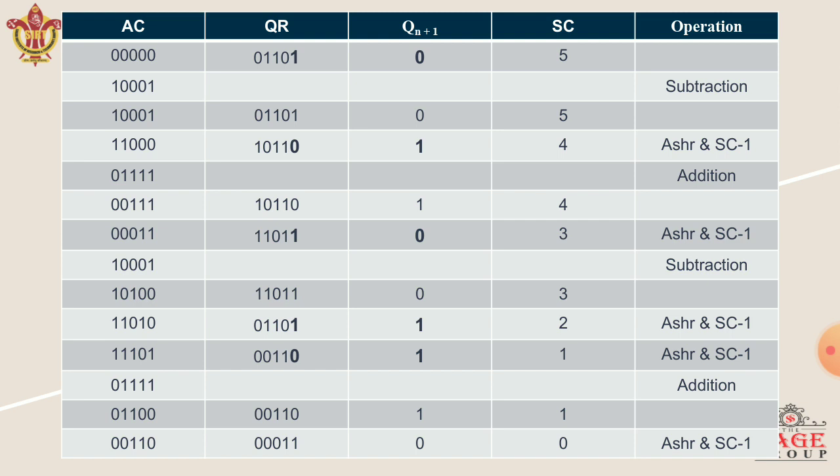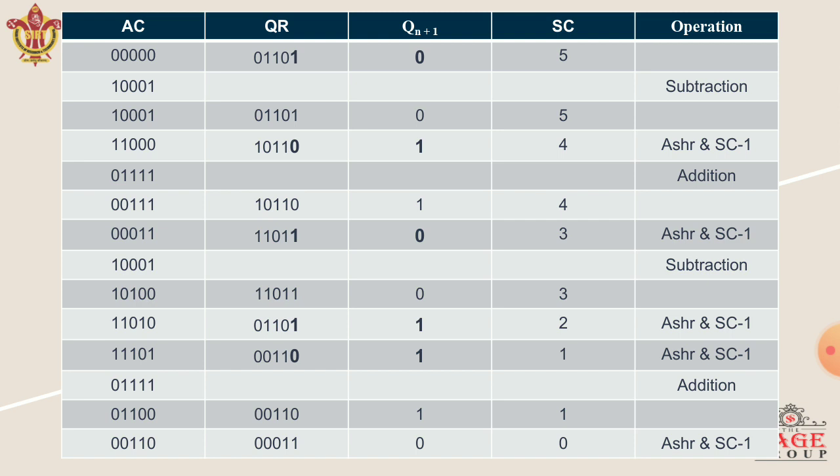In that case, we got the value of Qn and Qn plus 1 as 1 0, which means we again perform the subtraction operation. So in the operation part write the subtract operation, and the value of BR bar plus 1 is added to the AC.